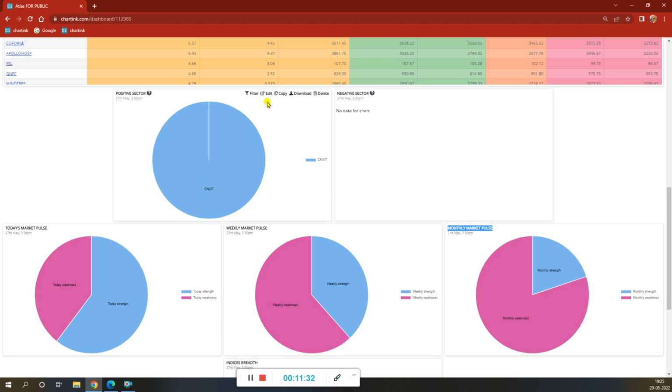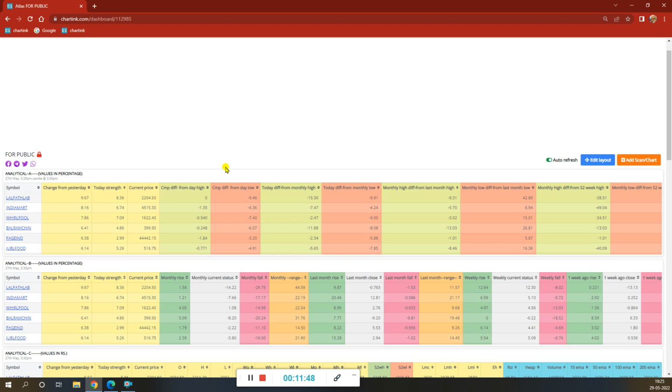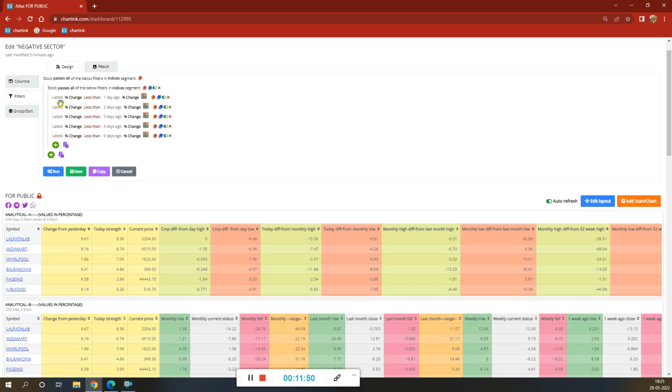So this is positive sector and this is negative sector. Now a few people would say, after looking at this video, why is there no stock in negative, why is there no index, why is there no sector in this negative sector list? Why? Because if we click on this, I have made this coding to identify the actual negative sector.